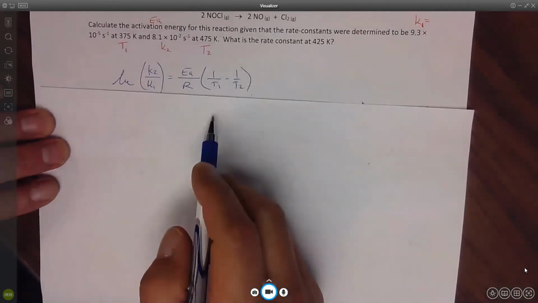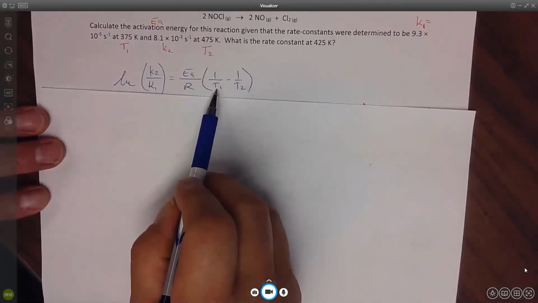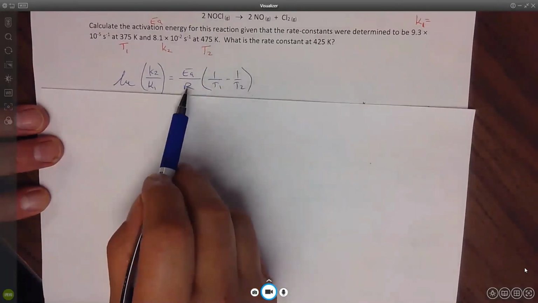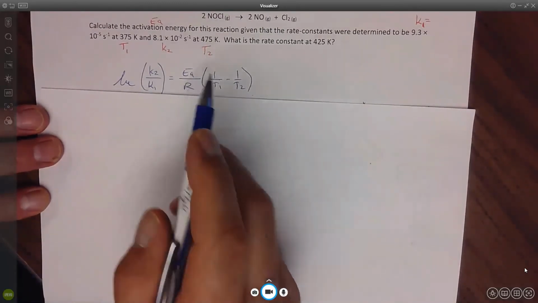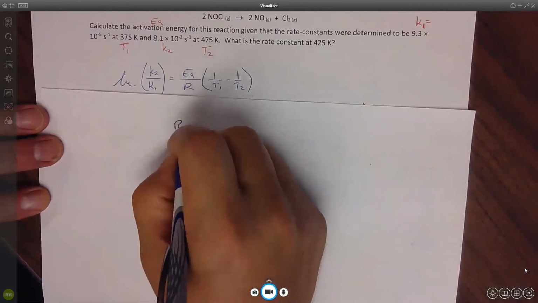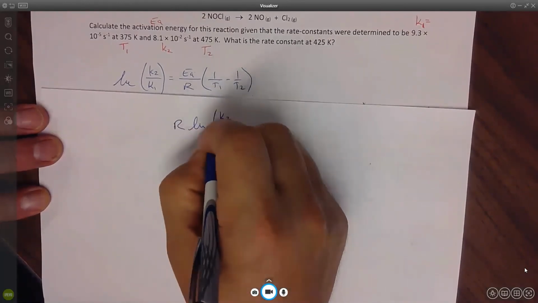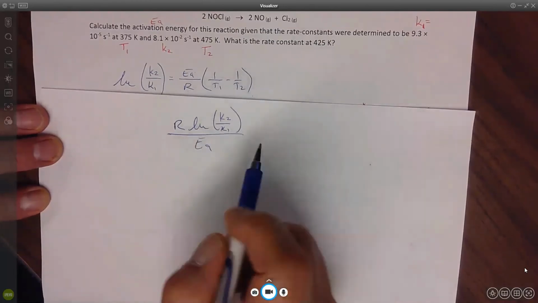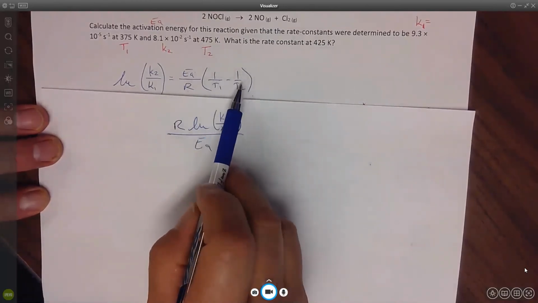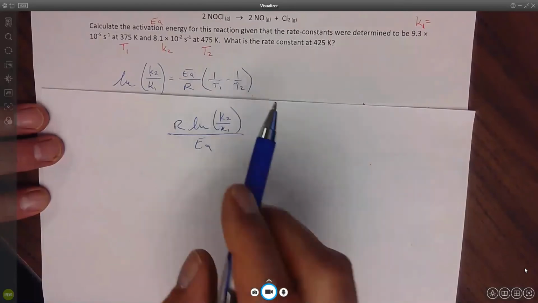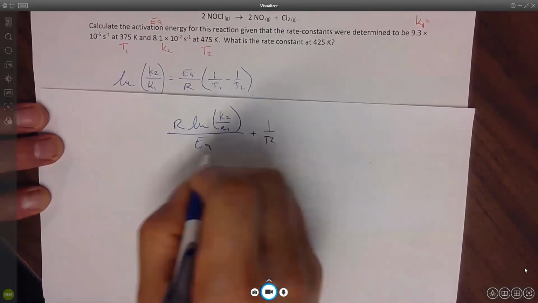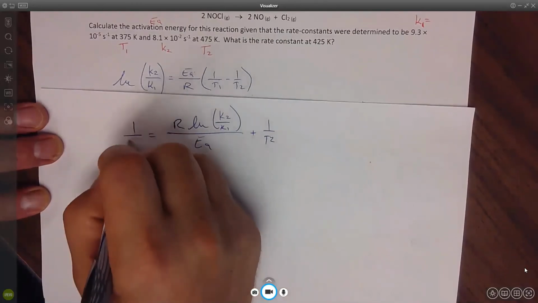I want to solve for T1, so I have to isolate it. I'm going to multiply both sides by R and divide by EA. That gives me R times the ln of K2 over K1, divided by EA. Now I have 1 over T1 minus 1 over T2 on this side, so I add 1 over T2, and that gives me 1 over T1.